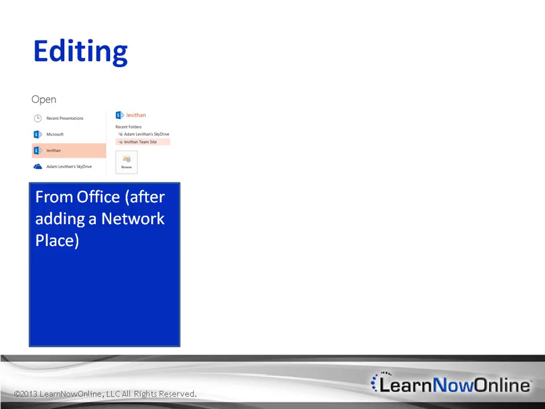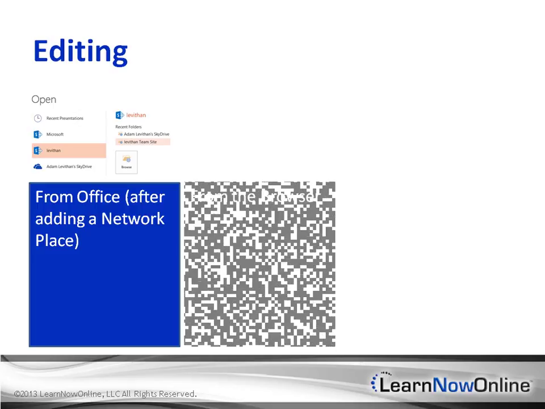This includes Word, Excel, PowerPoint, and really, everybody asks me, can I save documents directly from Outlook? Yes, you can. Just click Save As, and you'll be able to navigate to that place you've created as a network location or your sync location, and you'll be able to save documents directly from Outlook into your SharePoint site.